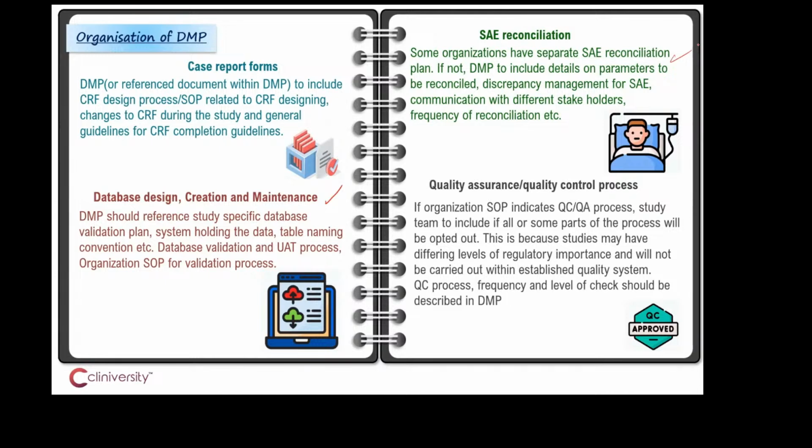Then the frequency of having these quality control checks. The DMP will specify the frequency of QC. And then also the documentation, how the findings of the QC will be documented. How will they be followed up for closure if the findings require any actions from the study team?